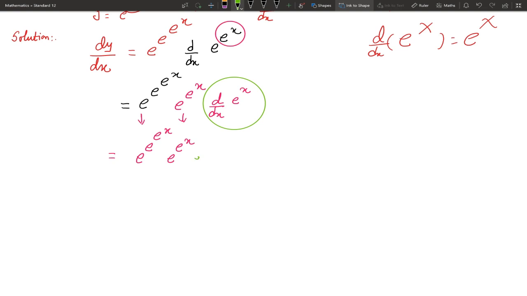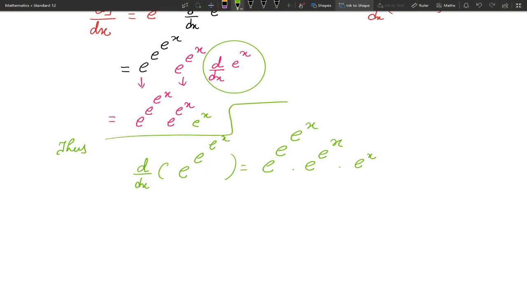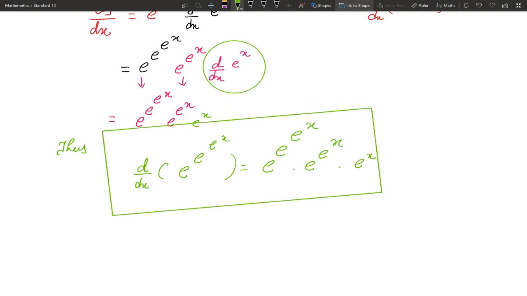So thus the final answer is d by dx of e raised to e raised to e raised to x equal to e raised to e raised to x into e raised to x into e raised to x. So this is the final answer.